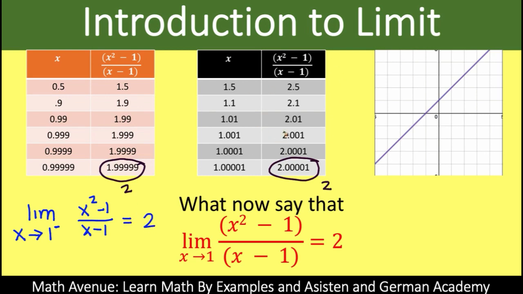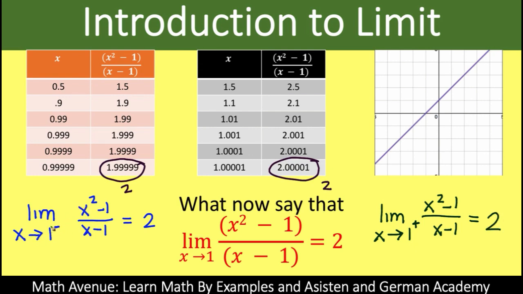This other graph, where we approach x from the right, can now be written this way. The limit of the function x squared minus 1 over x minus 1 as x approaches 1 coming from the right. Notice this small plus sign to indicate the direction is coming from the right, and the limiting value is the number 2. I want you to notice this.